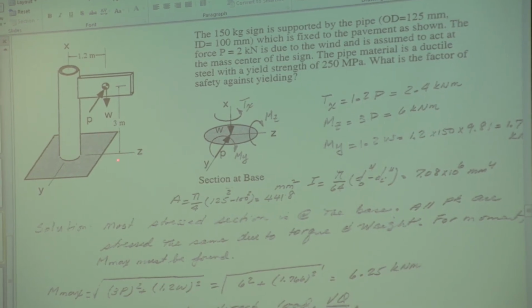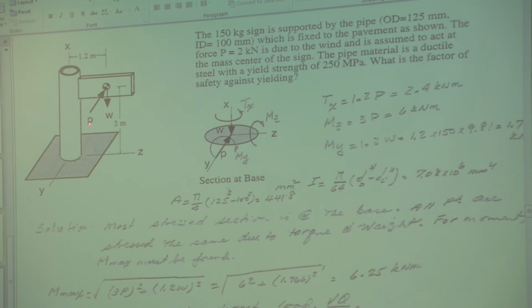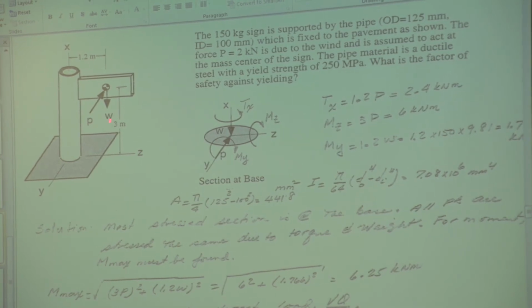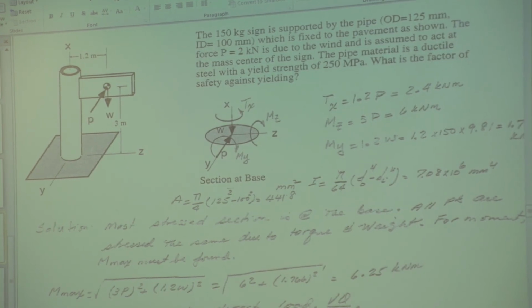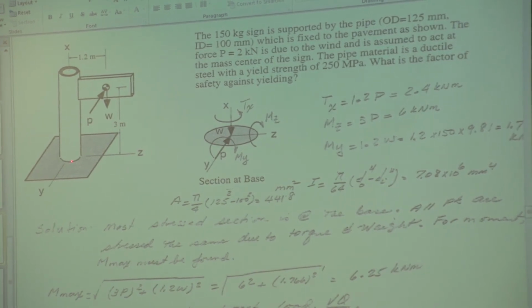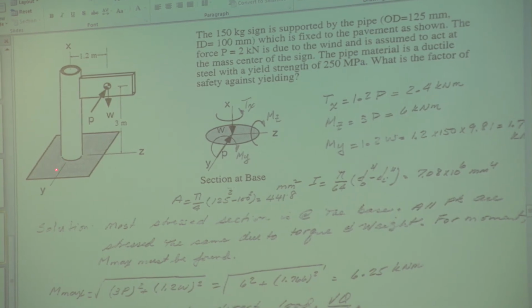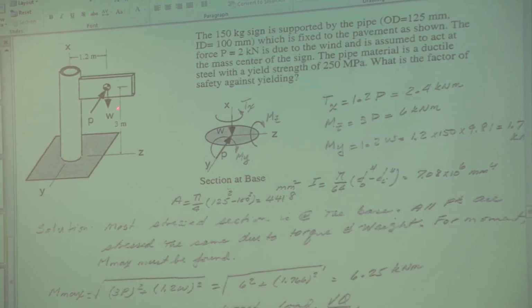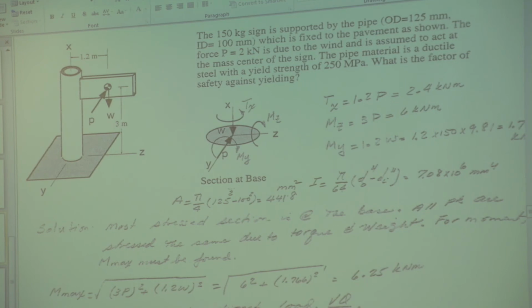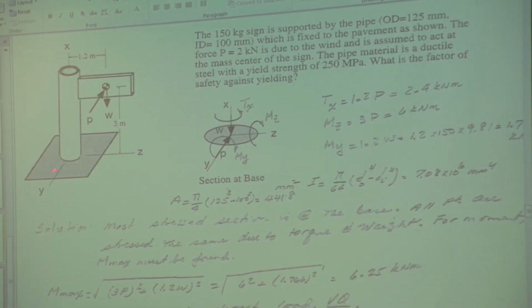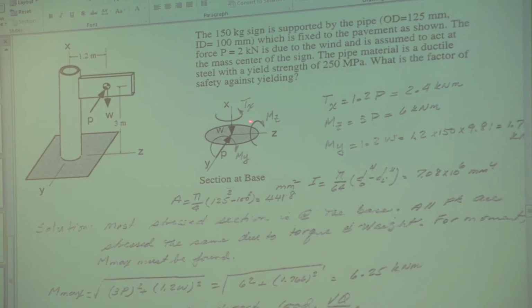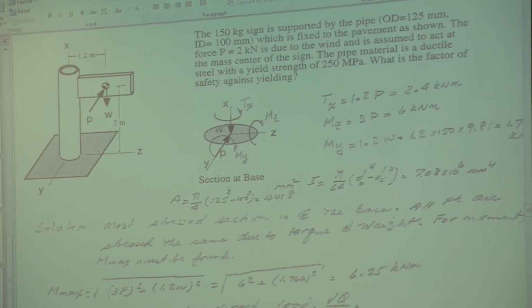The moment about the z-axis comes from P again, but this time multiplied by this moment arm, 3 meters, 6 kilonewton meters. And finally, the moment about the y-axis, which comes from the weight, W, and that's equal to 1.2 times W down in here. The section at the base then looks like this.